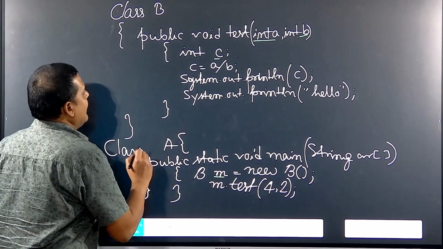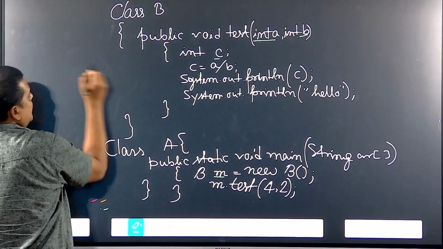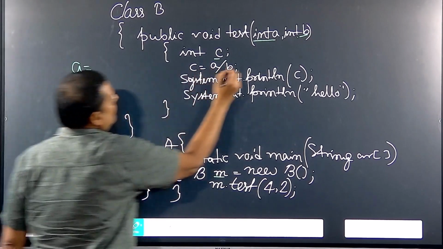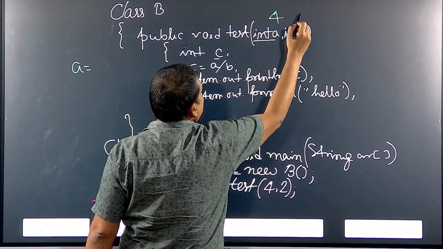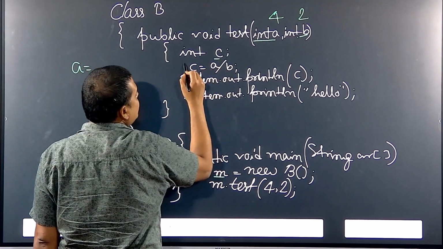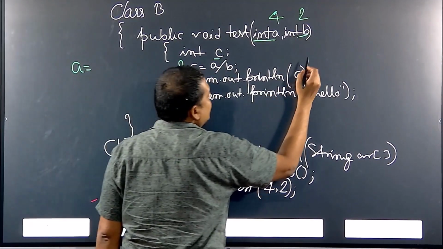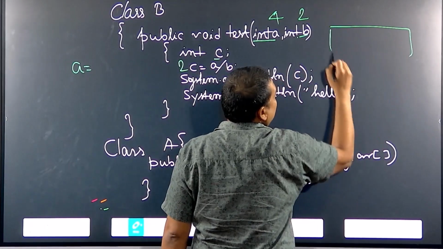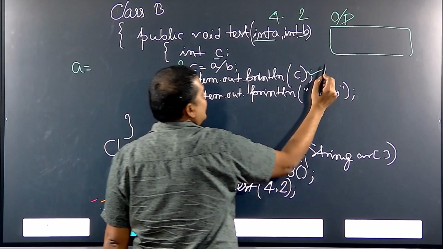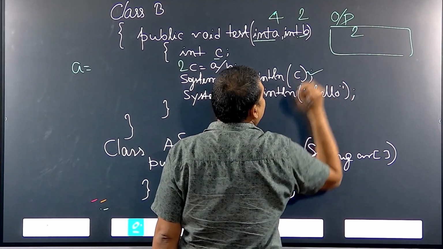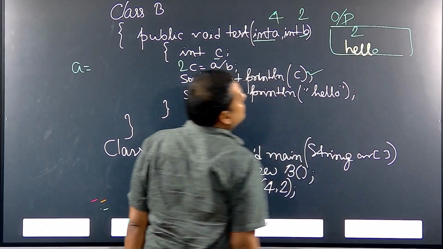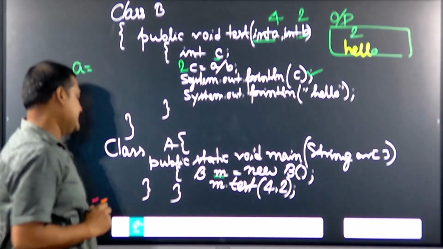This A will be 4 and this B will be 2, then A divided by B, C will be 2, and then in the output, this is our output, we will have this value first, that means 2 will be the first value, then we will have the hello as output.